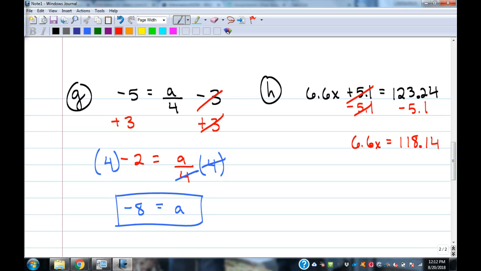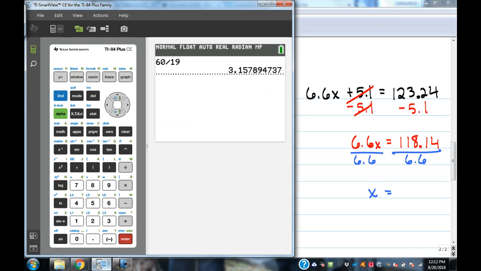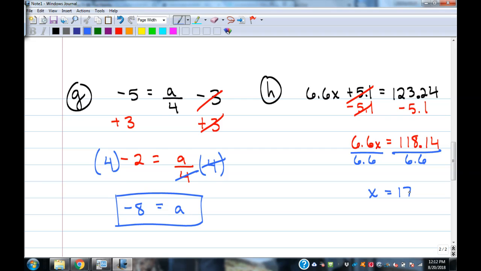Last step. Divide, right? 118.14 divided by 6.6. 17.9.